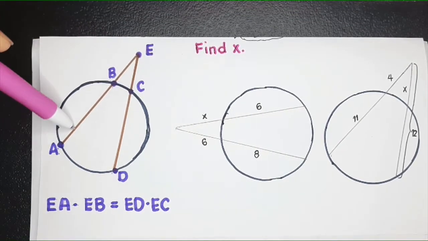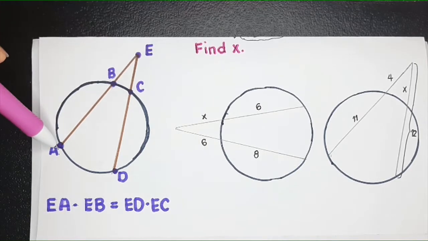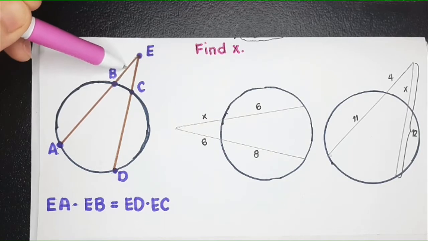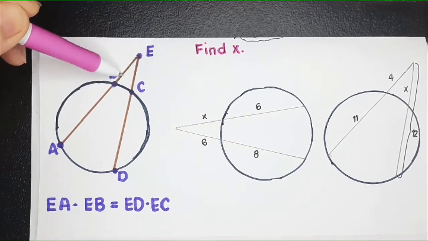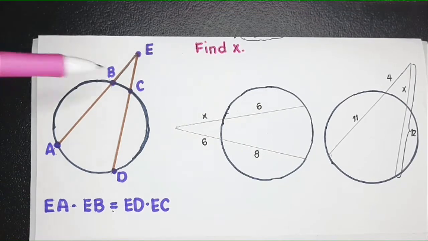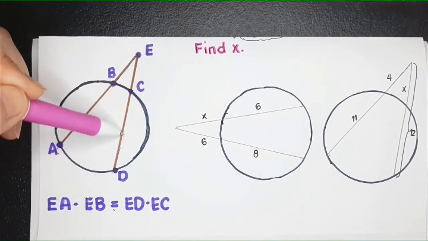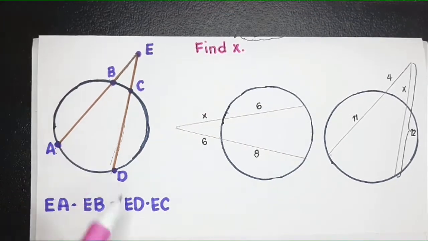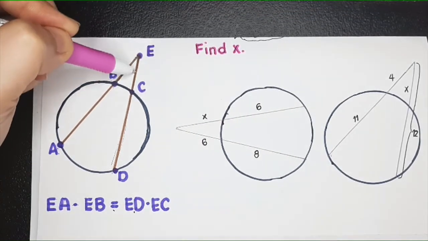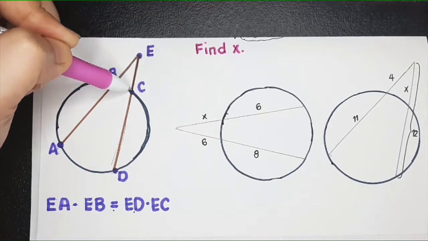Yung mahaba, yung buong secant segment multiplied by the external secant segment. Ito, oh, yung nasa labas. Okay? Is equal to, or you move to the other secant segment. Dito naman tayo sa kabila. Yung buong secant segment, that's ED, okay, times its external secant segment, yung length nun.